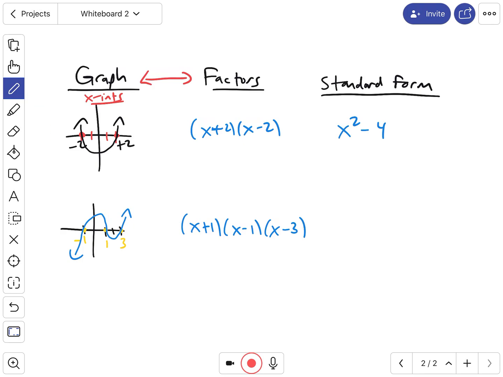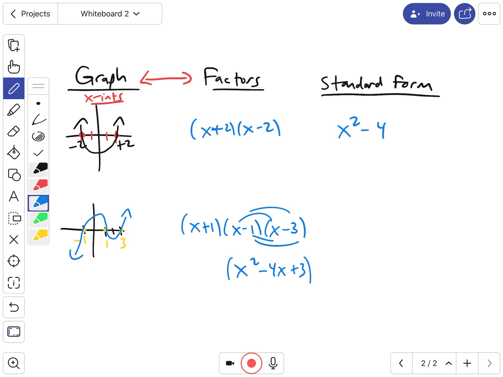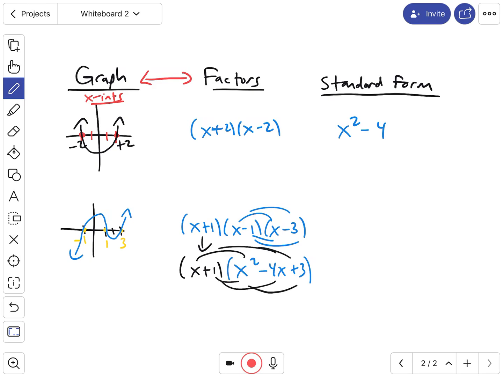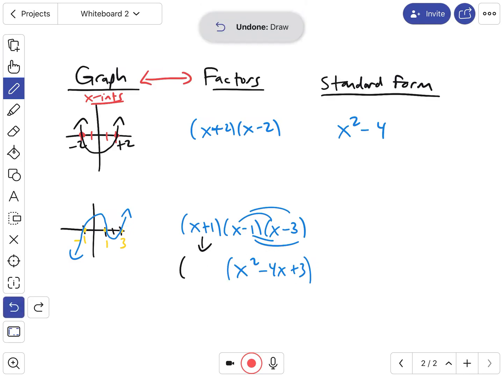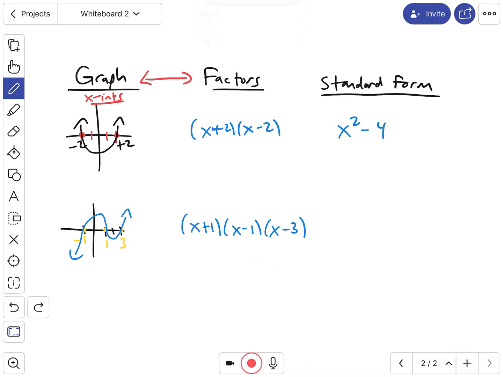And then once you multiply this out, this one may be your x squared minus 4x plus 3 from these two, and then you could just drop this one down, and then this is something that you've seen before using the box method, or FOIL or distribution. So there is a way to multiply those, but the point is you'll get to your standard form from there.